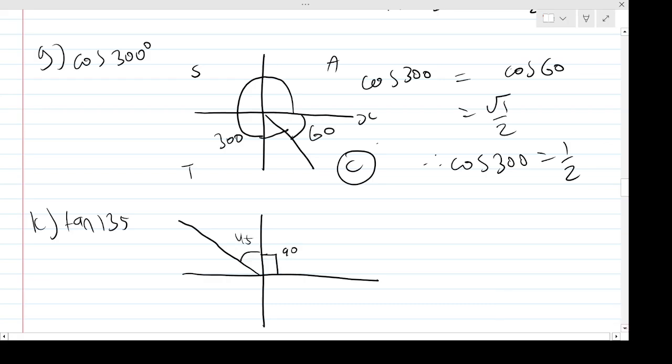The overall angle's 135. Now we can find this angle it makes with the x-axis again. If that's 45 there, then this angle has to also be 45, because every quadrant has to be 90 degrees, right? So this tells us that tan 135 is equivalent to tan 45, but it'd be plus or minus.